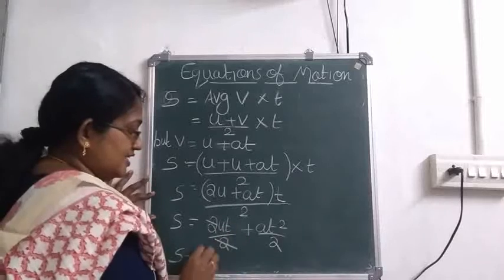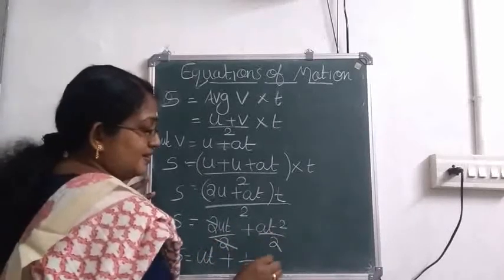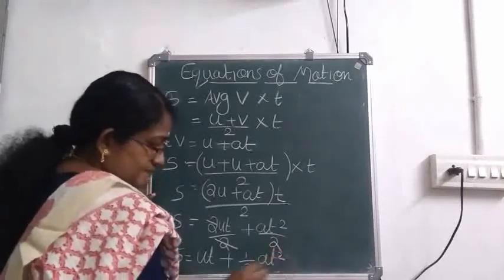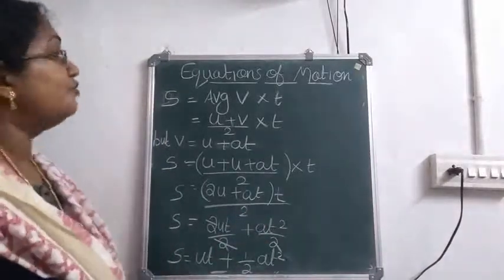So S is equal to UT plus half AT square. This is our second equation of motion.